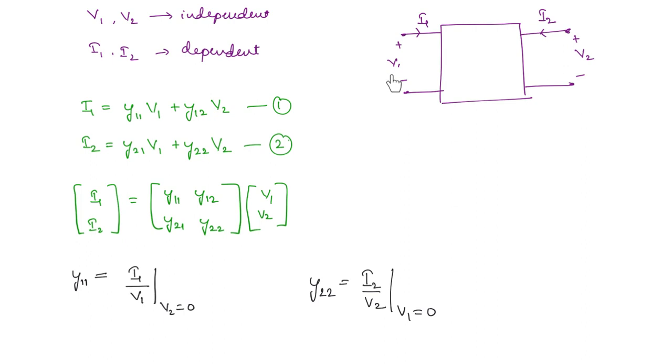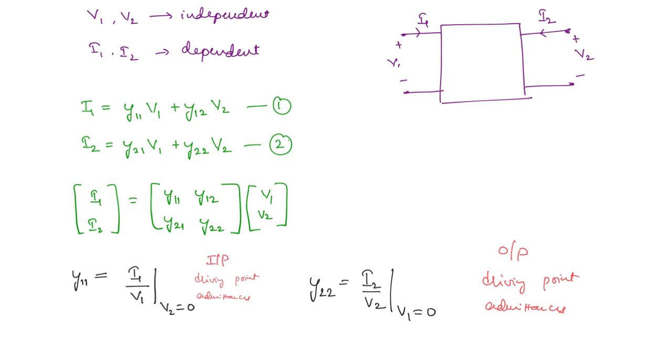Because the admittance parameters can be obtained by short circuiting, it is called as the short circuit parameters. Okay. So these both are the driving point admittances. So this is the output driving point admittance and this is the input driving point admittance.